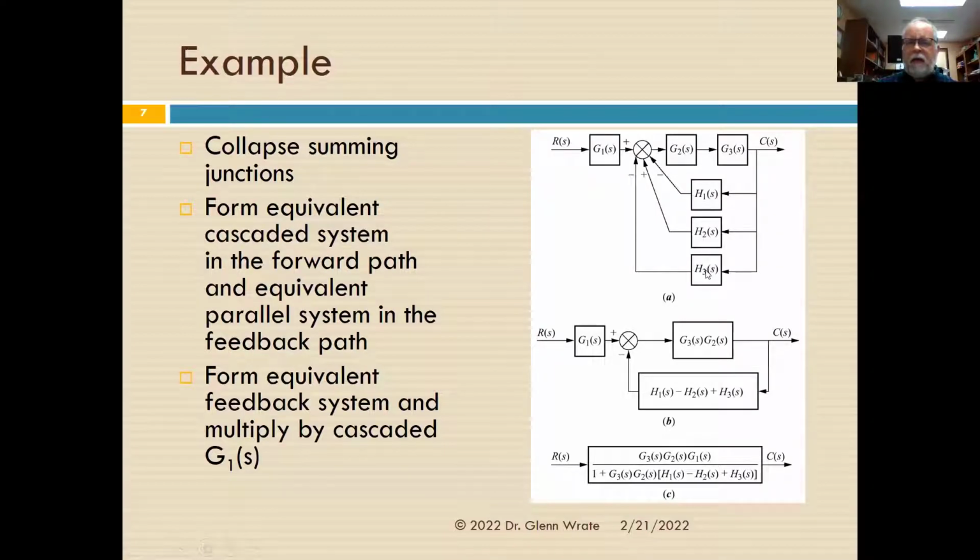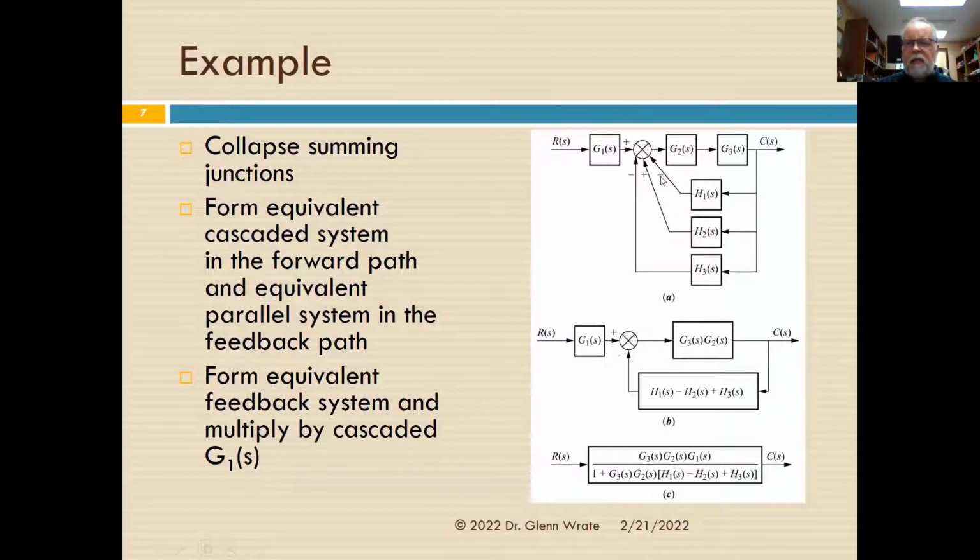We've got these 3 things going back into the summer. So we can combine these 3 things together, noticing that we have a minus for H3, a plus for H2, and a minus for H1. So we leave the minus here.